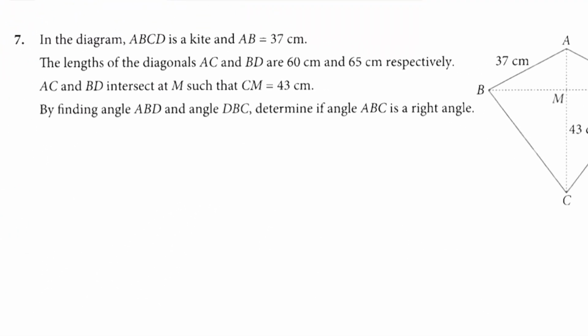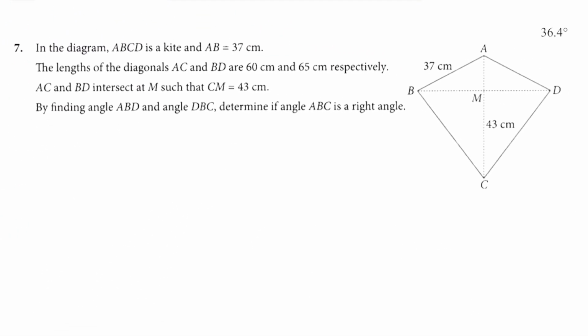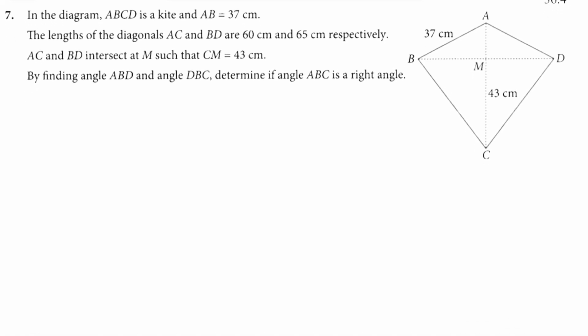Down here I have a diagram. The diagram shows a kite ABCD, and AB is 37 cm. The length of the diagonals AC, BD are 60 and 65 respectively.